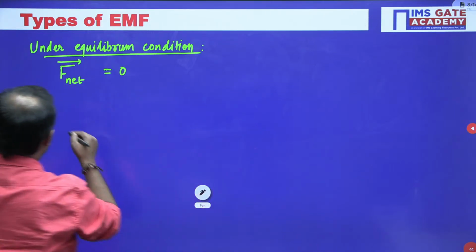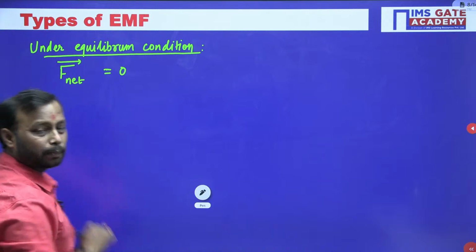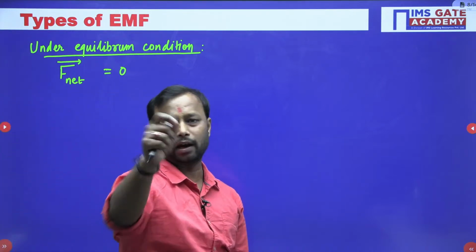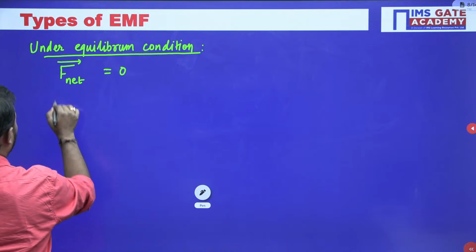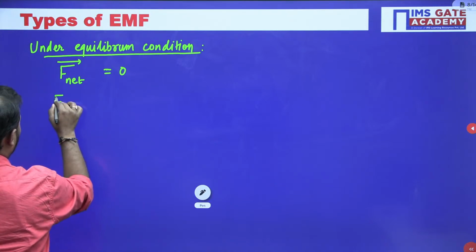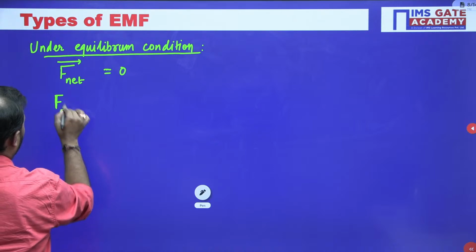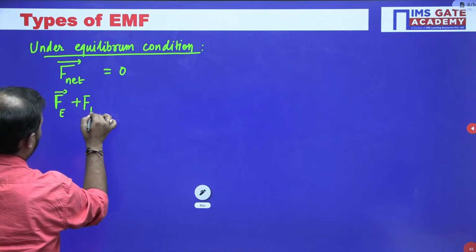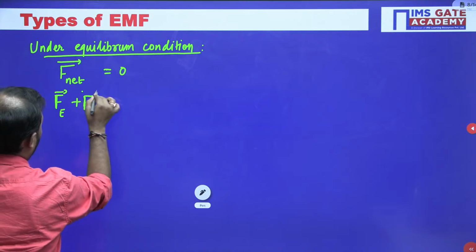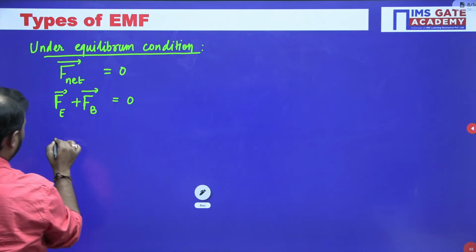Now what is net force? Net force is produced by the magnetic field and electric field. That is what we have seen. तो क्या था वो? सो फोर्स प्रोड्यूस बाय इलेक्ट्रिक फील्ड प्लस फोर्स प्रोड्यूस बाय मैग्नेटिक फील्ड, इट विल बी 0. तो ये क्या था?